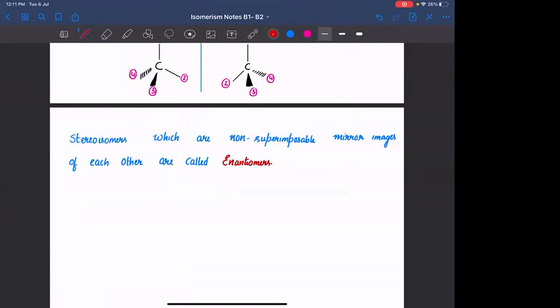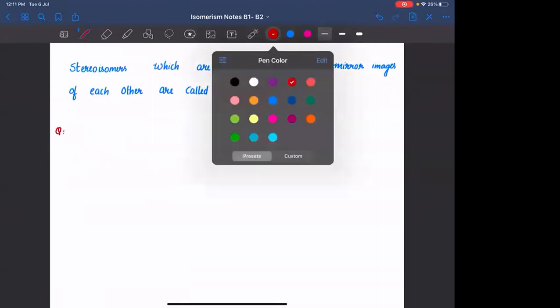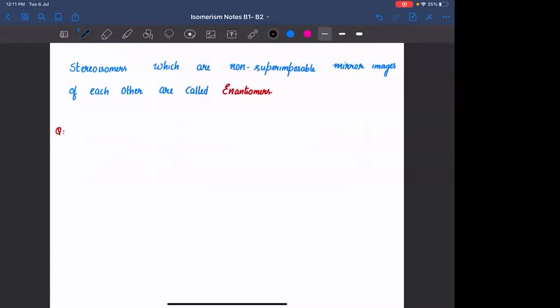Okay, ठीक है. I'll give you a question. Please identify if the given two compounds are enantiomers or the same compound.